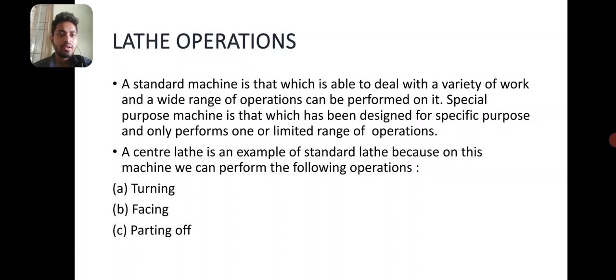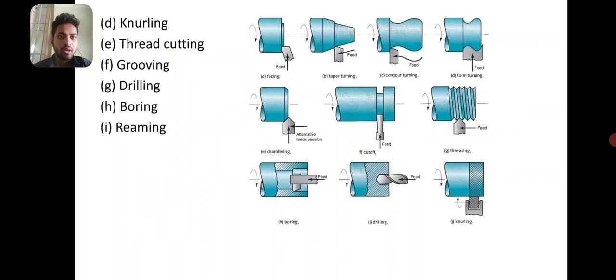A center lathe is an example of a standard lathe because on this machine we can perform the following operations: turning, facing, parting off, knurling, thread cutting, grooving, drilling, boring, reaming, and many more. In this figure, the various operations of a lathe are shown.